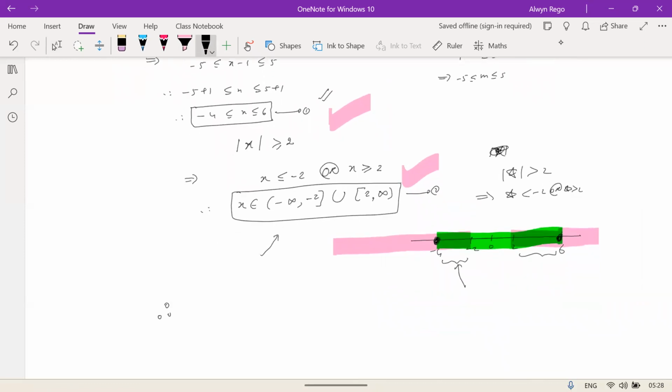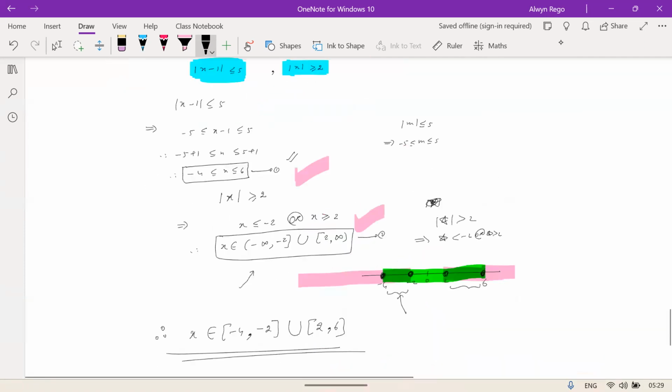Therefore, x belongs to -4 to -2, and -2 is also inclusive here, so -4 to -2, or 2 to 6. So considering all the conditions, the system is satisfied in -4 to -2 union 2 to 6 here.